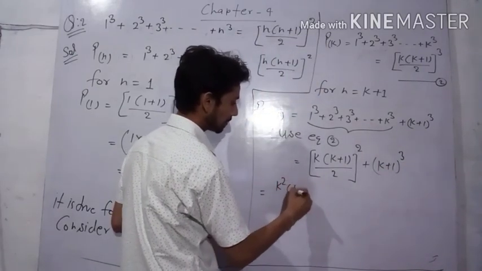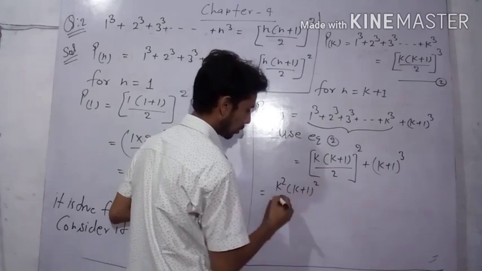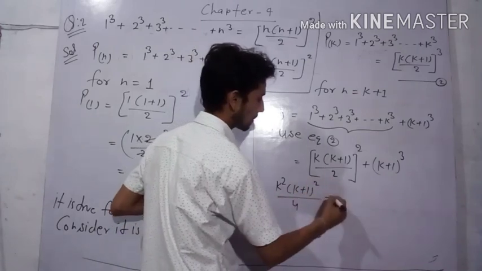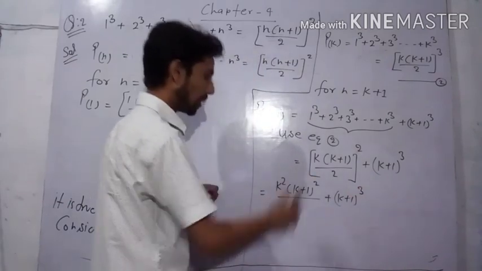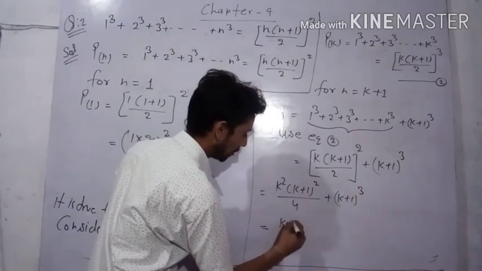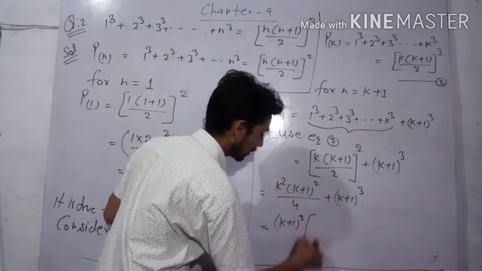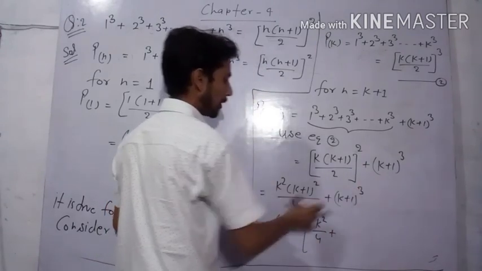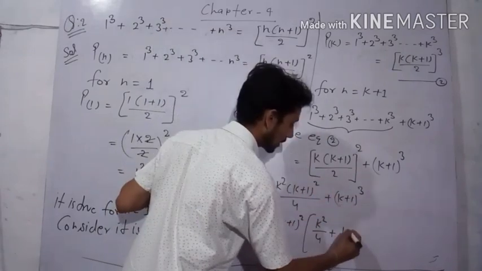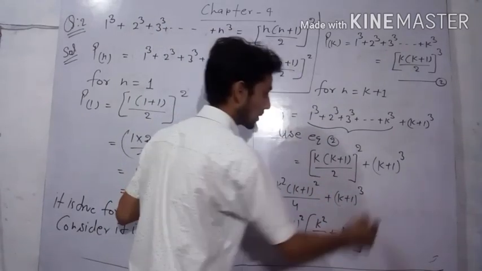Now squaring the bracket, 2 square is 4. So k square into k plus 1 whole square upon 4 plus k plus 1 whole cube. Now take common: k plus 1 square is common. k square upon 4, there are 3 power and 2 power is common, so 1 power remains, k plus 1.